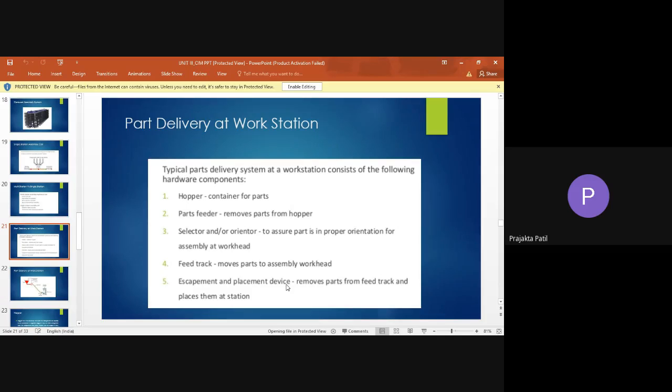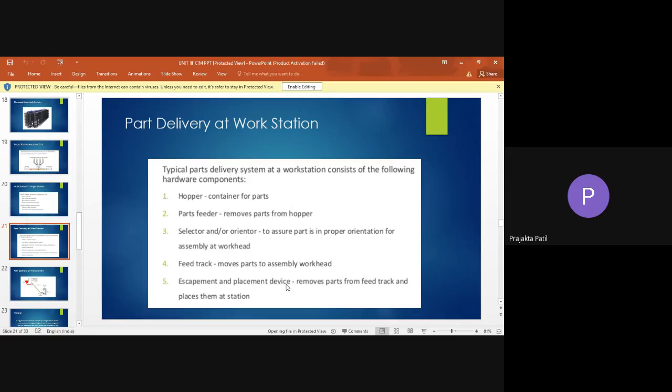Next is a part feeder. It removes the parts from the hopper. Next, a selector or an orienter. It assures the parts are in a proper orientation for assembly at workheads. Next is the feed track. It moves the parts to the assembly workhead. And last are escapements and placement devices, which remove the part from the feed track and place them at the station.